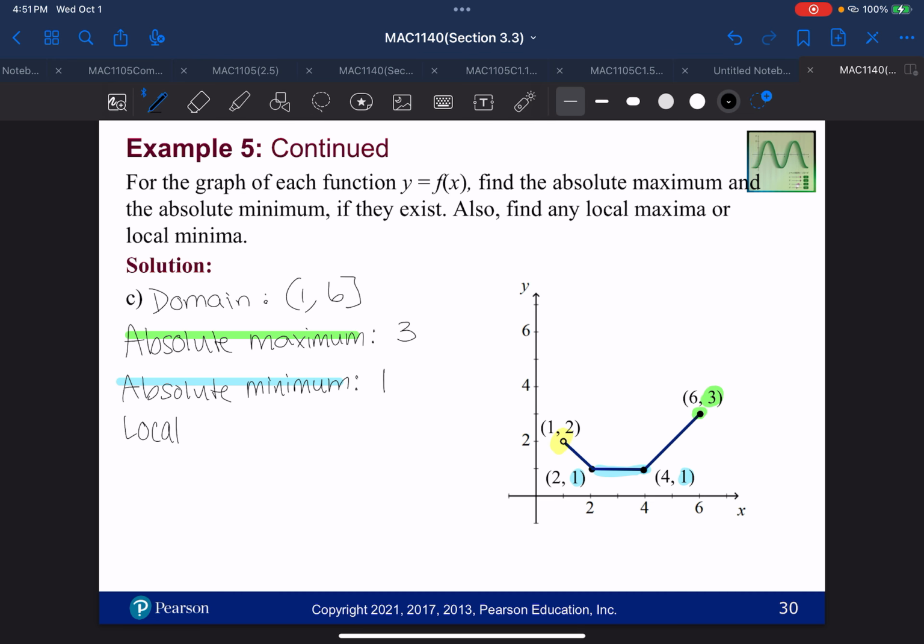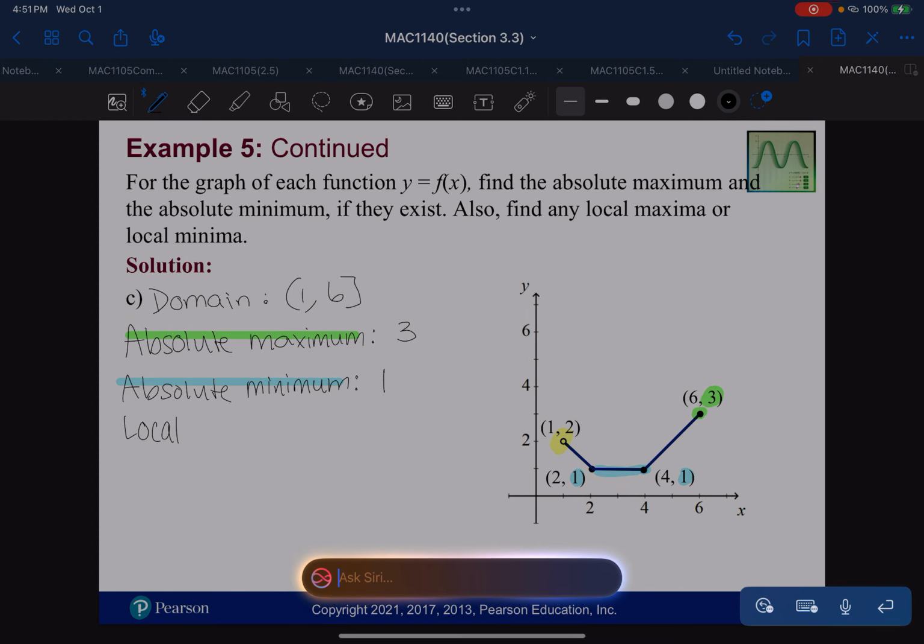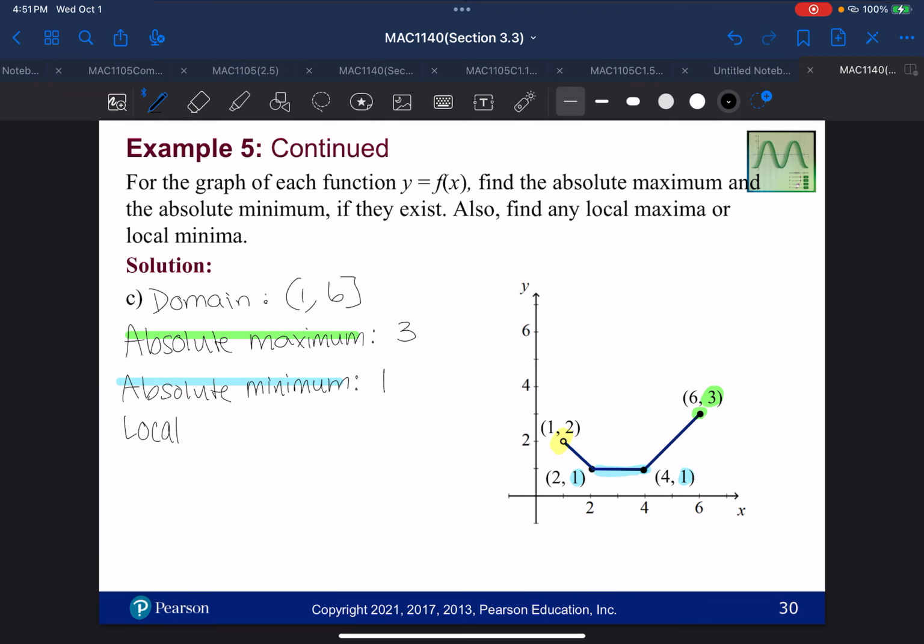And the local minimum value is also equal to 1. Now this function has a local minimum on the interval of 2 to 4.